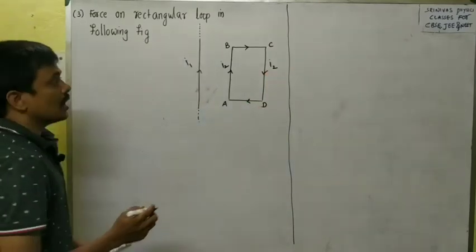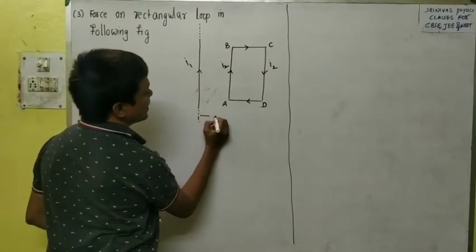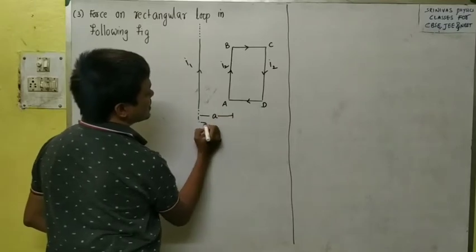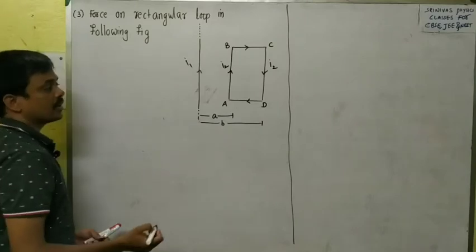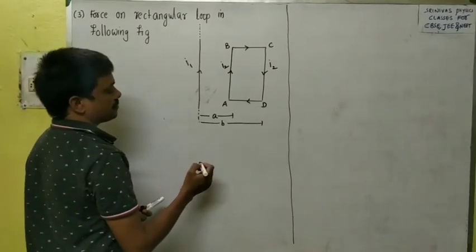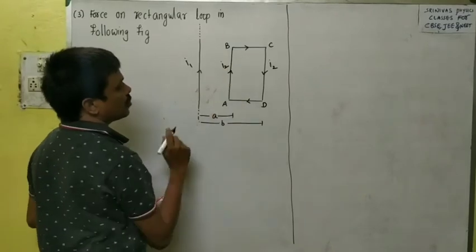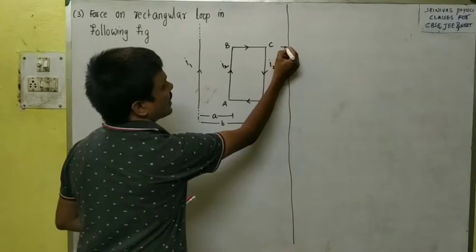Now I want the force on this rectangular loop, and this distance I will take as A, and this distance I will take as B. First I will take the length of this rectangular loop as L.